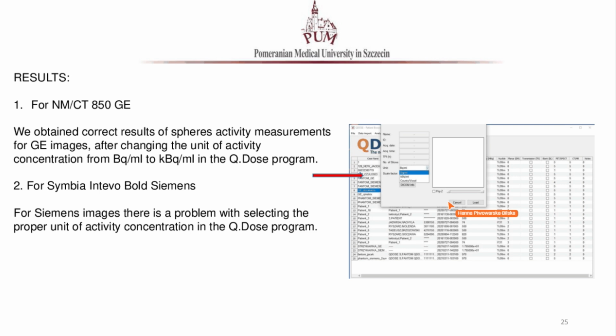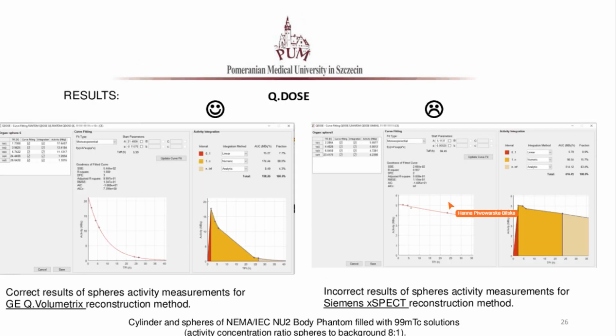Validation included verifying whether the activity measured by the software corresponds with the values of the activities in the spheres. When we were analyzing the GE images, we had to change the units of concentration of activity into kilobecquerels per milliliter. Initially, for QDose, we couldn't obtain appropriate results of the validation.